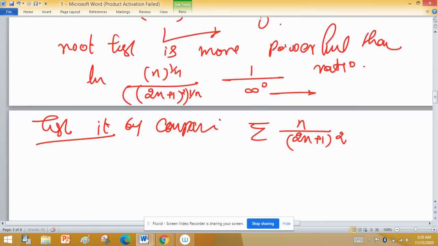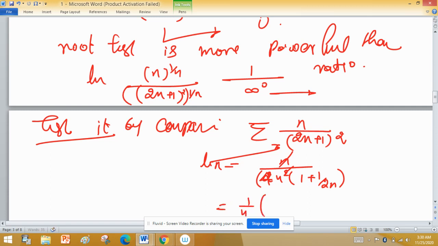This is my un. Take n outside, it is 2n, so (2n) square means 4n square, times (1 plus 1 upon 2n) square. Cancel out by this, so it is 1 upon 4 and 1 upon (1 plus 1 upon 2n) square.